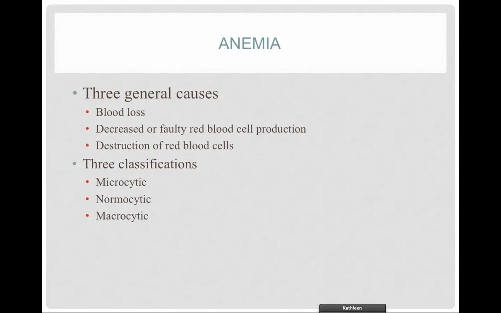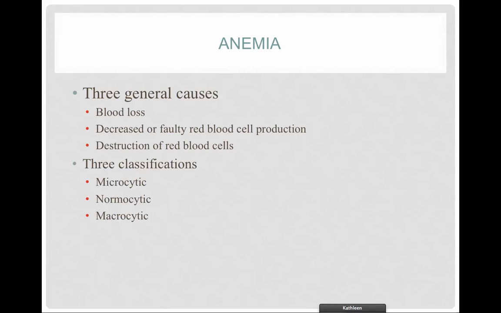Hemolytic anemias are really a destruction of the red blood cells. And these are like sickle cell disease, sickle cell anemia, thalassemia, transfusion reaction, spherocytosis, which when they look under a microscope, they see the presence of spheres.